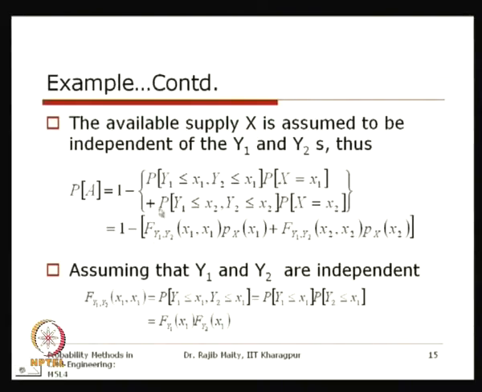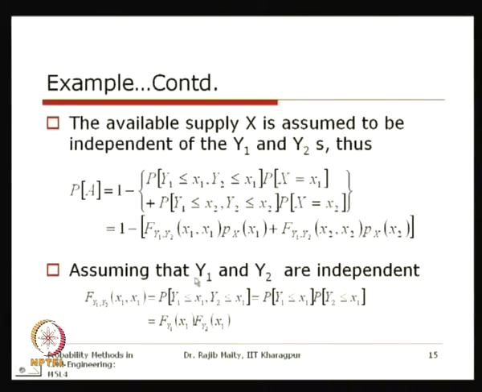So, this is the cumulative distribution for y1 and y2, which in case of x1 is multiplied by the marginal probability of x1, and the other one, if it is x2, is multiplied by its marginal probability x2.